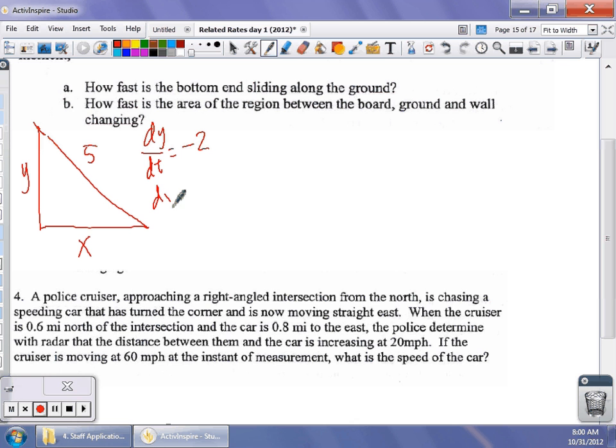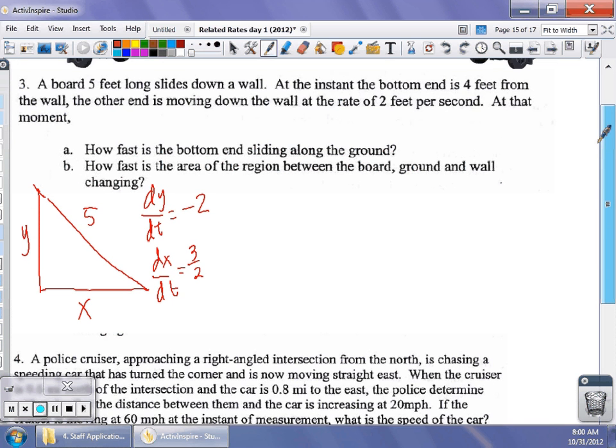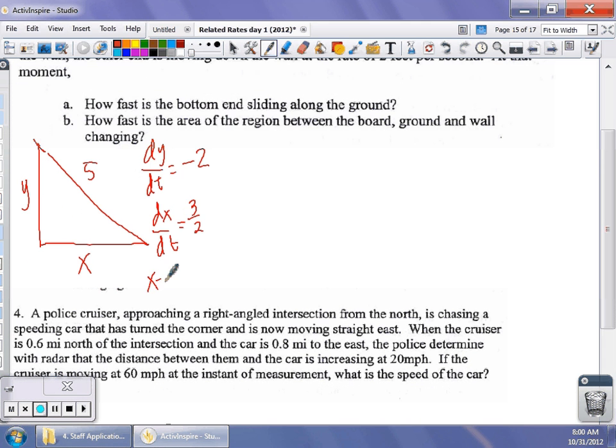And dx/dt that we found, because we're dealing with the exact same time, dx/dt we just found out to be 3/2. And they said when x is equal to 4, so we had x equal to 4. We used the Pythagorean theorem to get y equal to 3. So we have all of our information recorded.